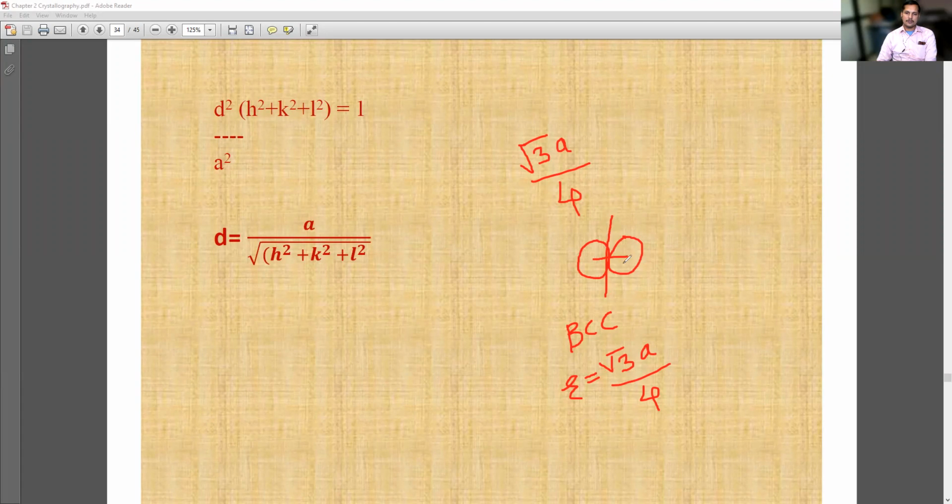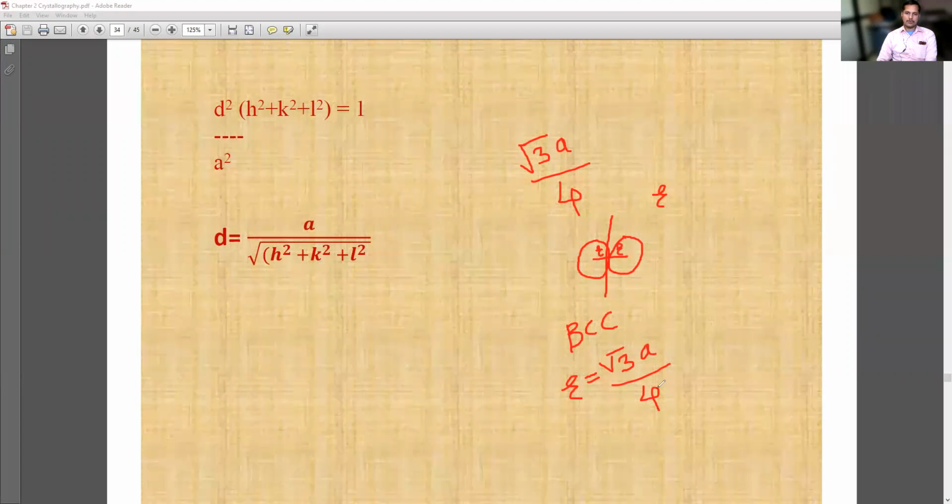If R is the half distance, then the nearest neighbor distance is... the figure is in front of you. If this is R and this is also R, it is root 3a/2. Yes, root 3a/2, it is correct.